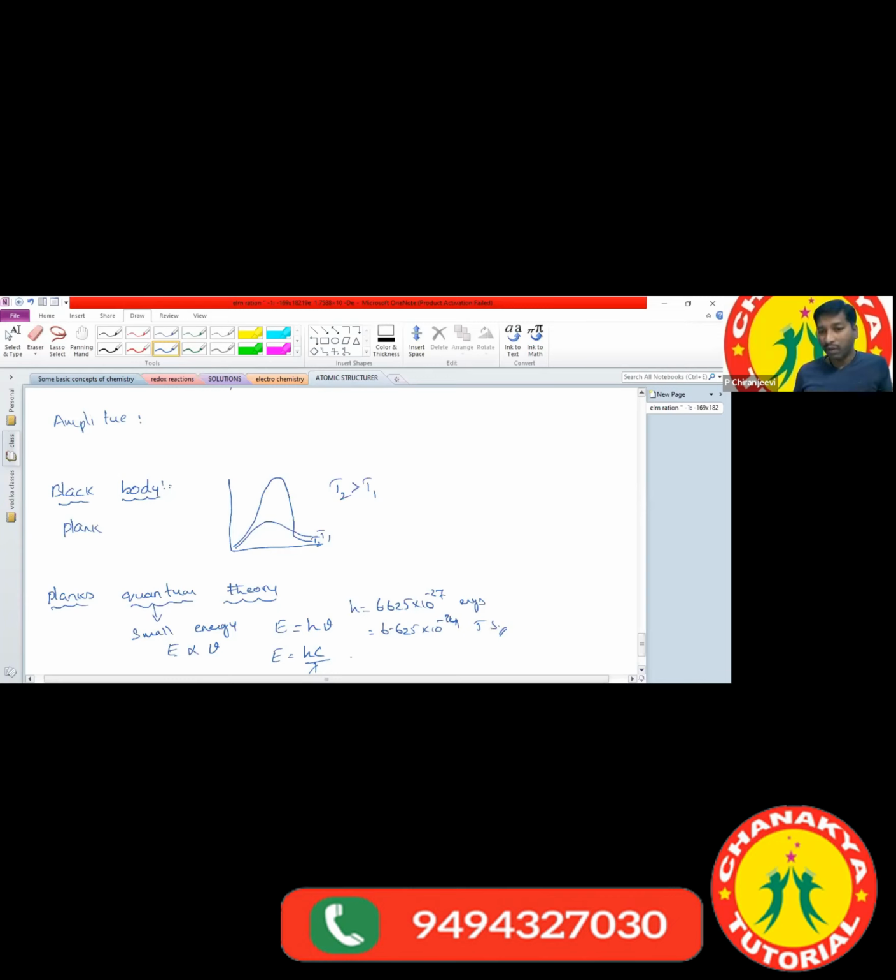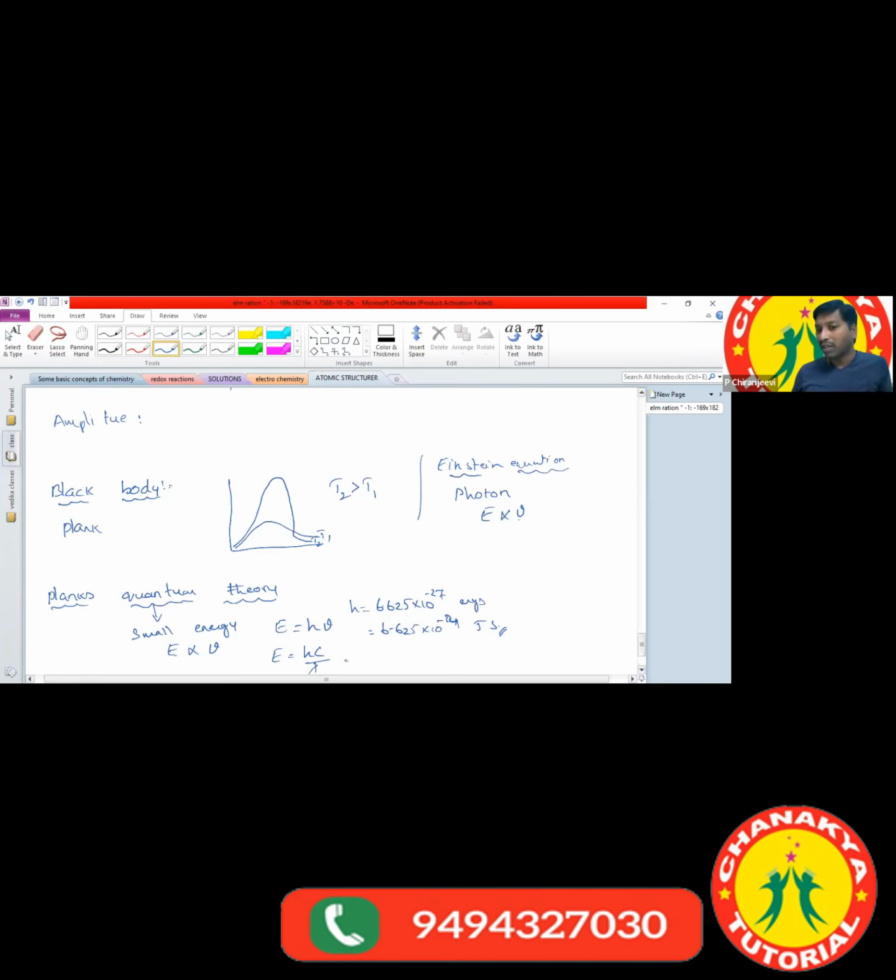Clear? Next is the Einstein equation. Einstein explained the emission or absorption of energy in small discrete particles, called photons. The energy of the photon is directly proportional to the frequency.